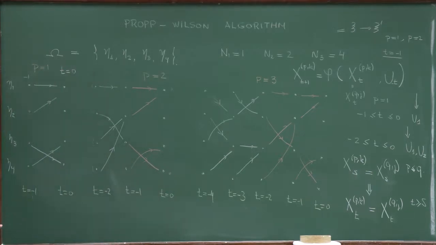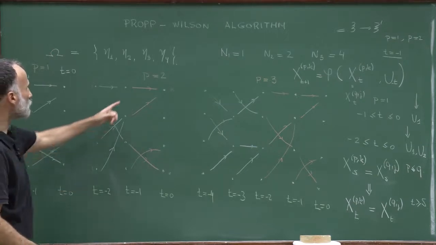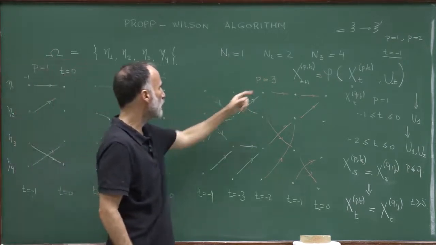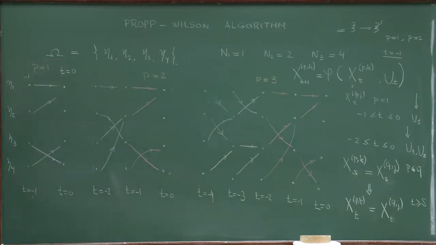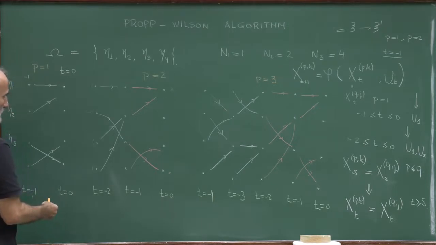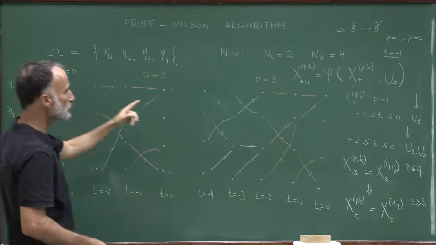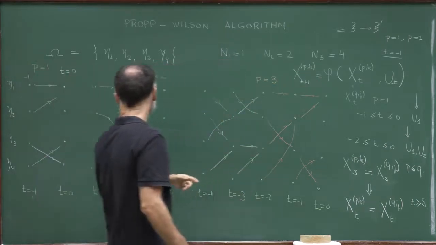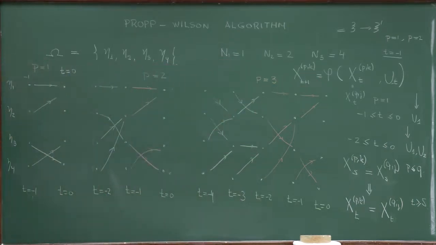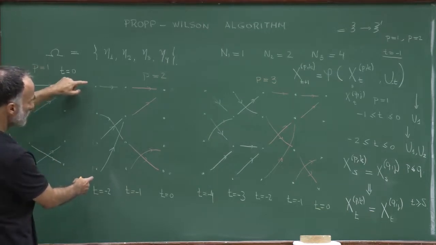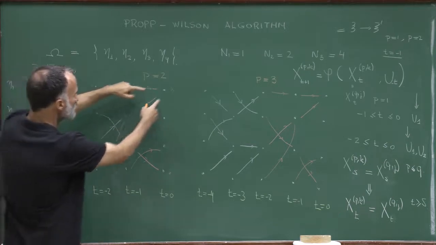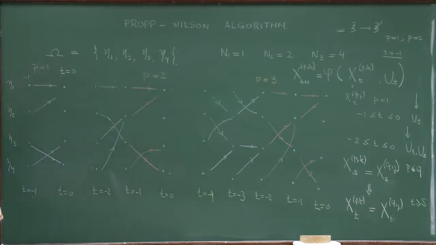So the algorithm still did not end, and we have to go from p equal to 2 to p equal to 3. Mind that now we will start from time minus 4. If I start at time minus 4 and at time minus 2 I reach only these 3 configurations, then I'm sure that at time 0, I reach the configuration eta 1.